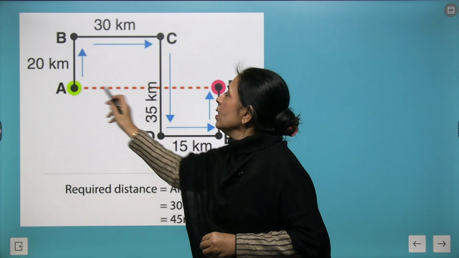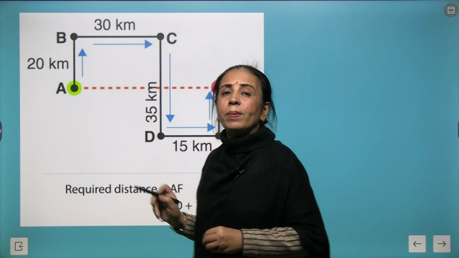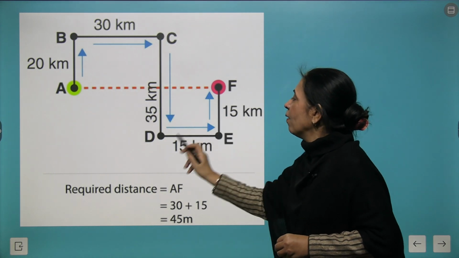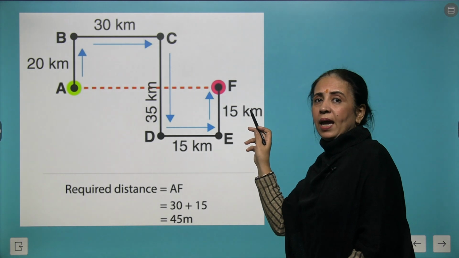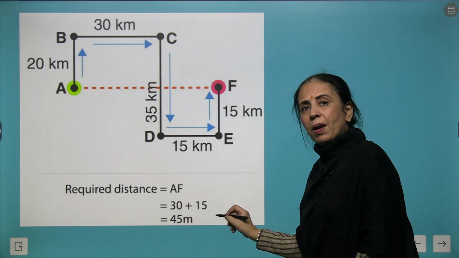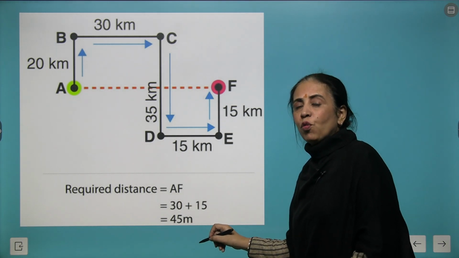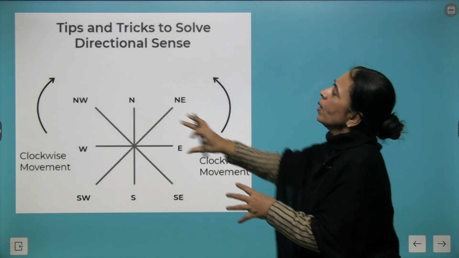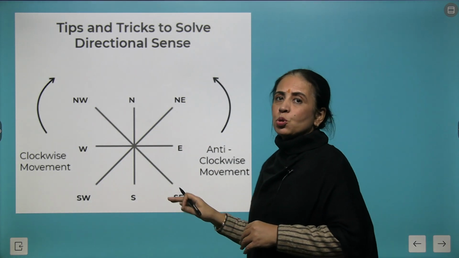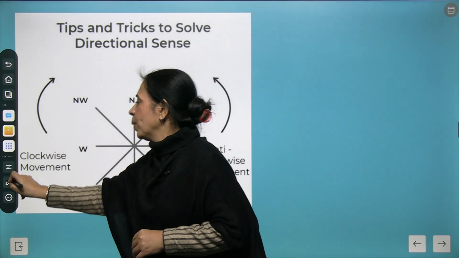So here this distance is 30 kilometers and then we have 15 kilometers. So we say the required distance AF is 30 plus 15, that gives you 45 kilometers. Isn't it so easy?